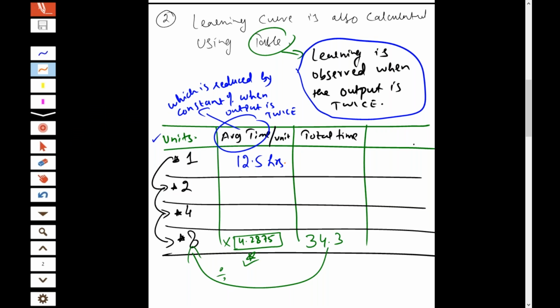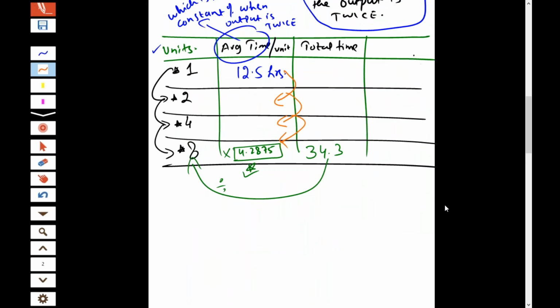The learning was applied 1 time, 2 times, and 3 times. That is 12.5, 1 time, 2 times, and then 3 times. By a constant percentage, the time reaches towards 4.2875.